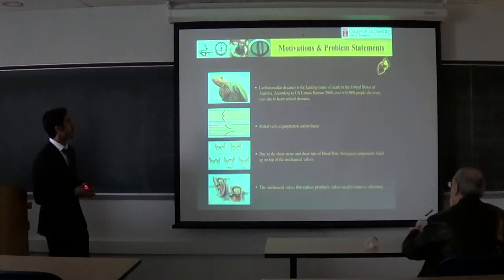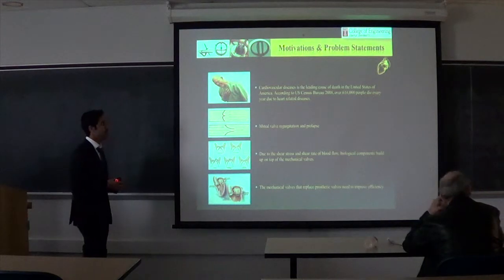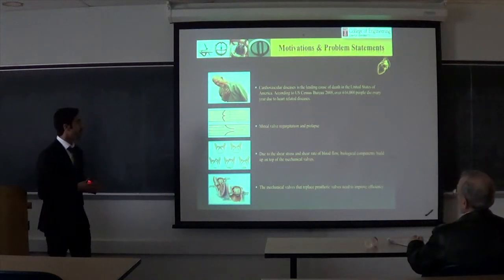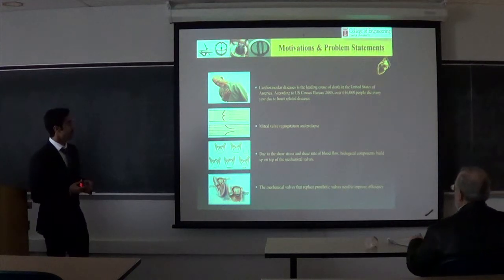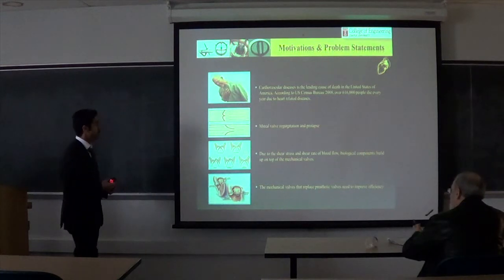Why the heart flow chamber? Cardiovascular disease is the leading cause of death in the United States. In 2008, according to the US Census, around 600,000 people died every year because of heart-related diseases.